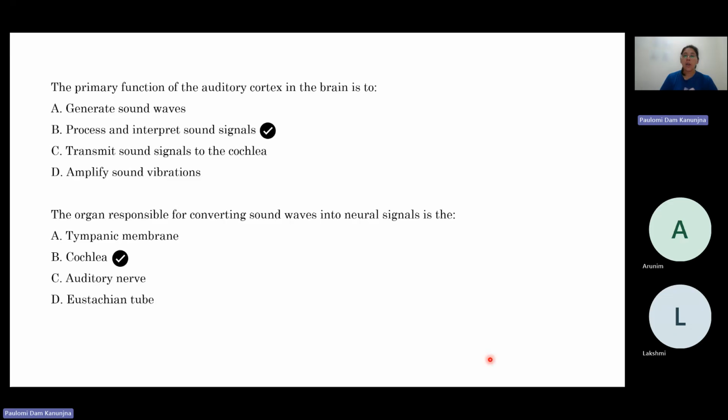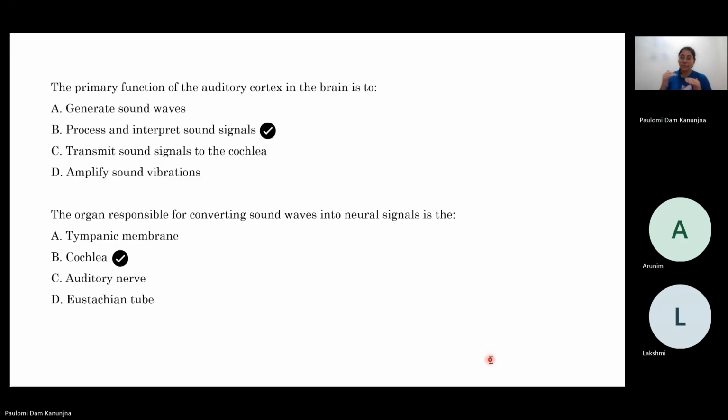And the next one was which organ is responsible for converting the sound wave into neural signal, which is basically your cochlea, which is present in the inner ear. I told you, this is a fluid-filled structure. It has perilymph and endolymph. The sound waves come into the inner ear, and through the action of hair cells, as your membrane moves inside because of the movement of bones in the middle ear, it creates a wave in the inner ear.